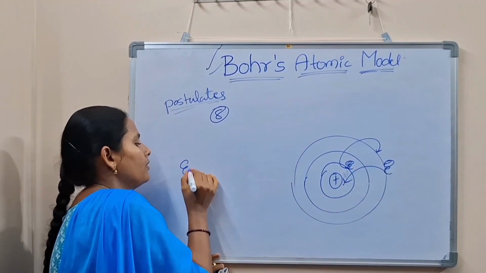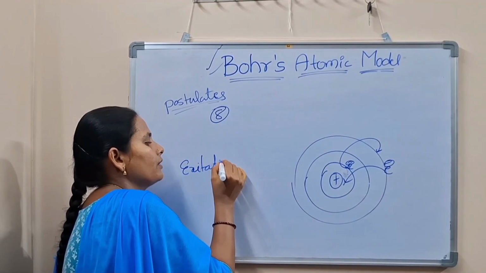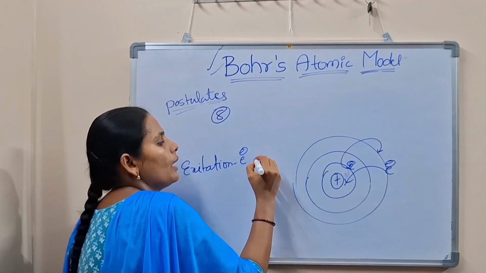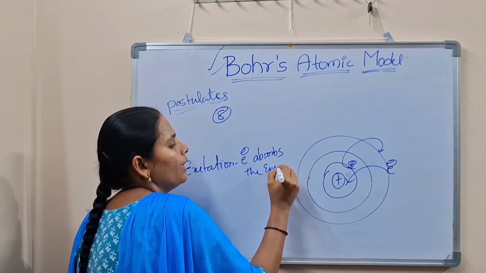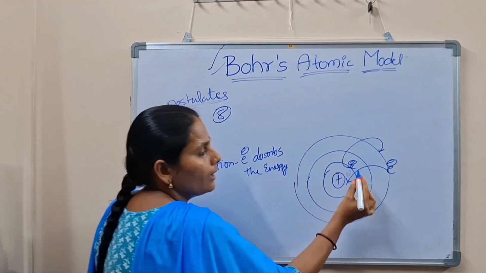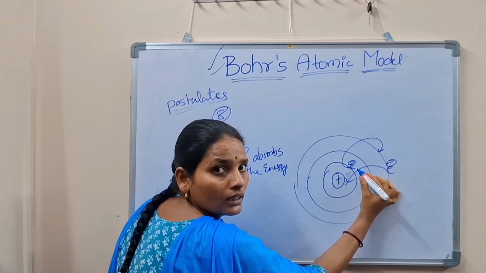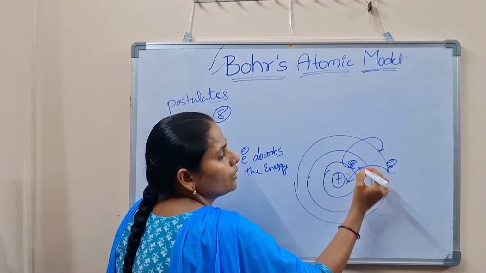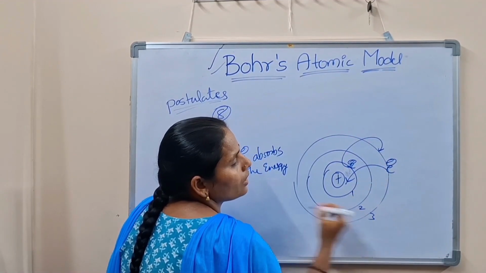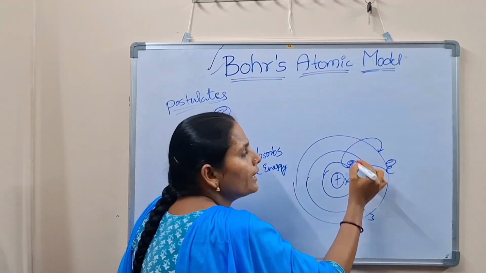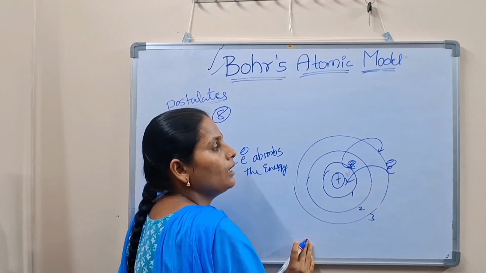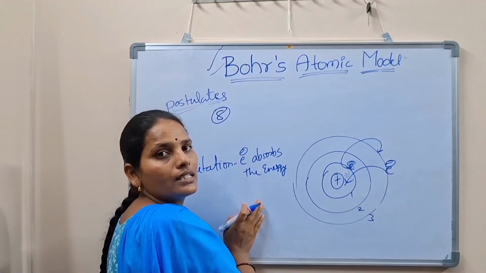During excitation, the electron absorbs energy. If the electron is in the first orbit, it gets excited to the third orbit by absorbing energy.